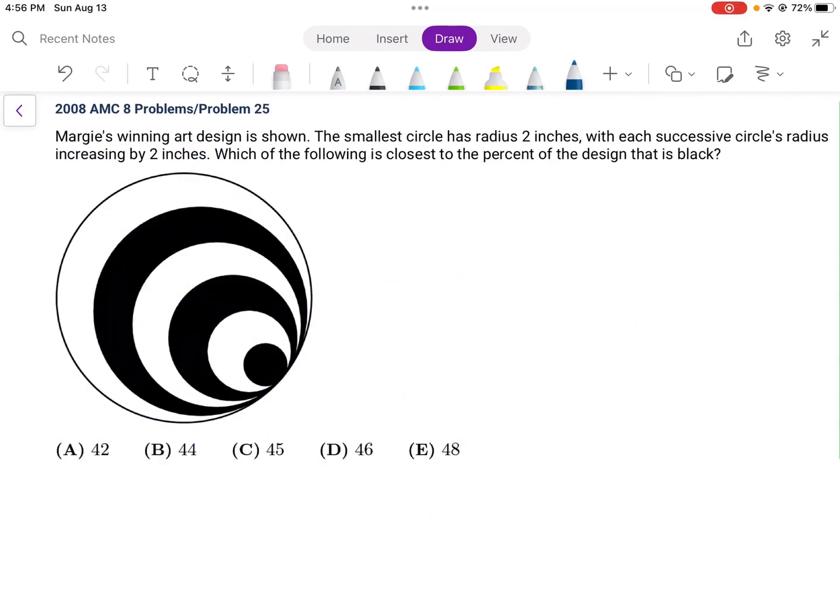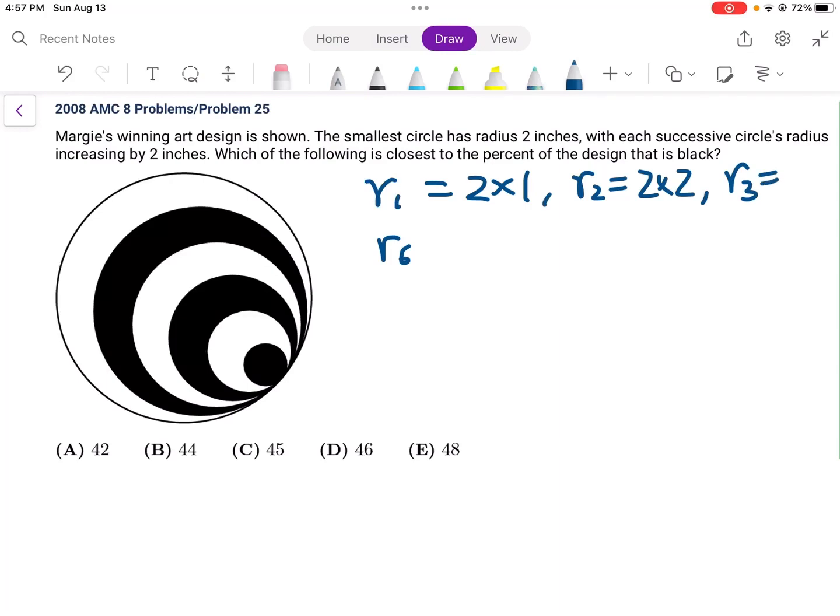Problem 25. Based on the problem, we can assume the radius from the inner circle to the outer circle. There are 6 circles in total, so from R1 to R6, R1 equals 2 multiplied by 1 inches, and R2 equals 2 multiplied by 2 inches.